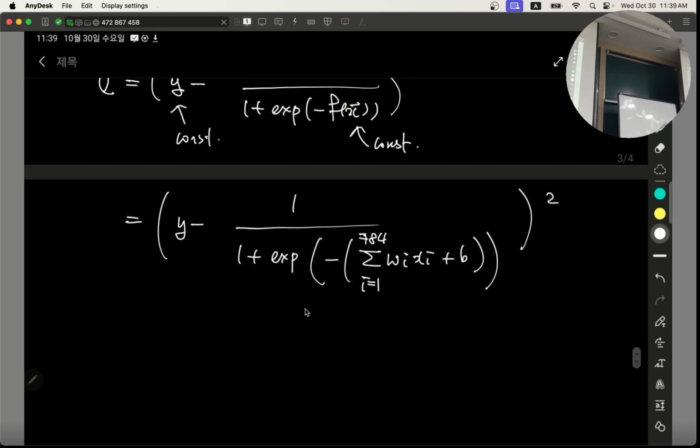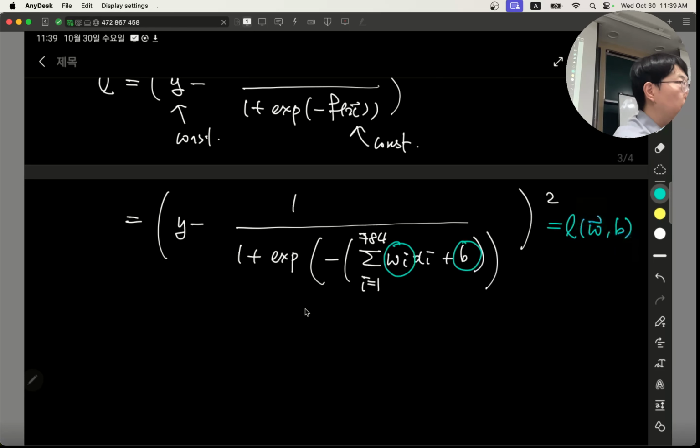That's our actual formula. We collect all the variables, the wi and b. These are the variables that we need to determine. These are something we can change. So our loss function is actually a function of w and b. Here I abbreviated all the w's into the vector w.